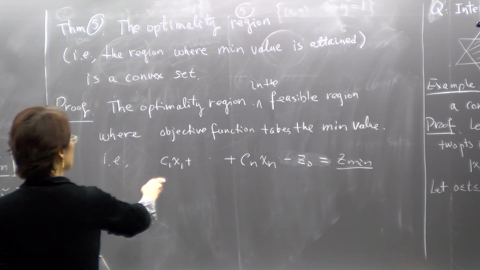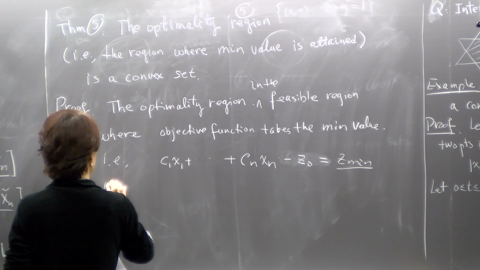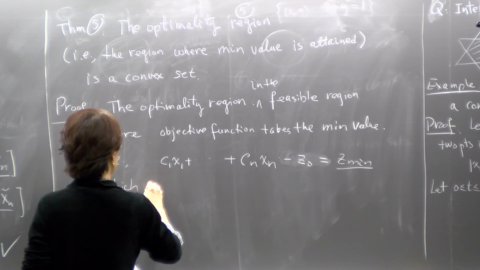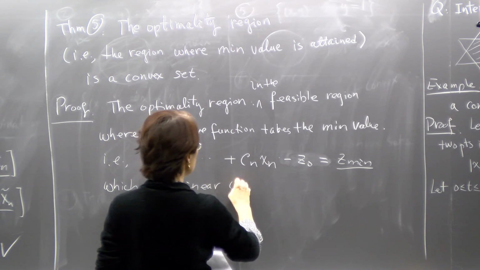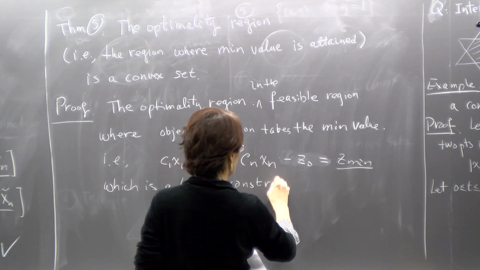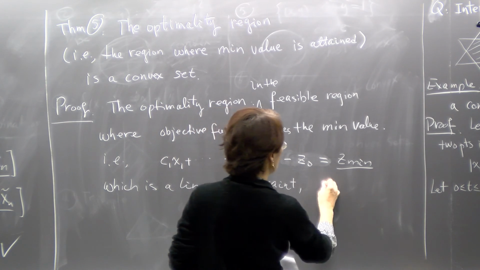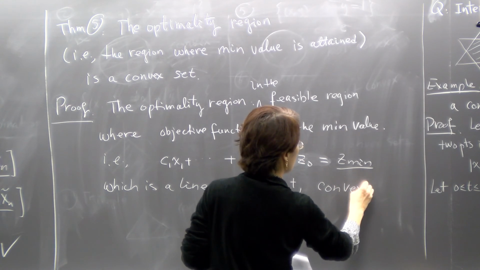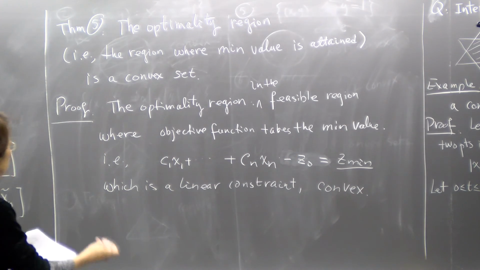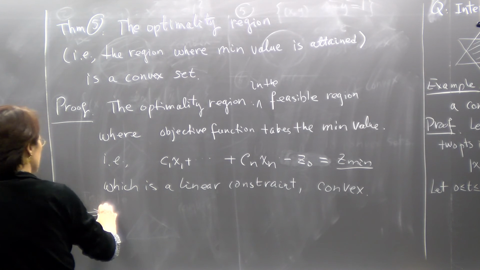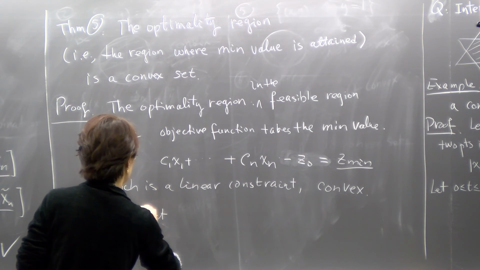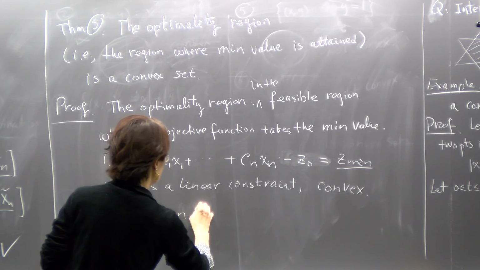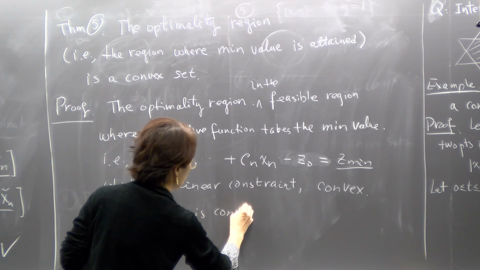Okay, so this you can consider as a linear constraint, and therefore convex. Okay, and then you're doing the intersection. The intersection is convex, and that's it.